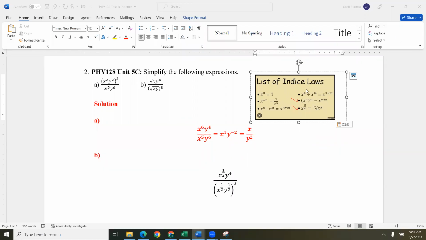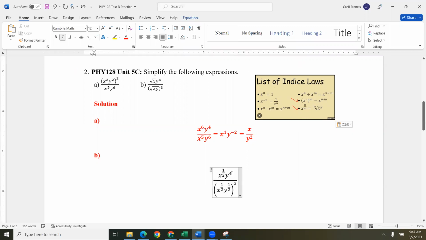So for this expression, so far, we have applied 2 laws of indices, the one with fractional powers and the one with powers raised. So our numerator will remain the same for now. But in the denominator now, we're going to have x raised to a half times 3.